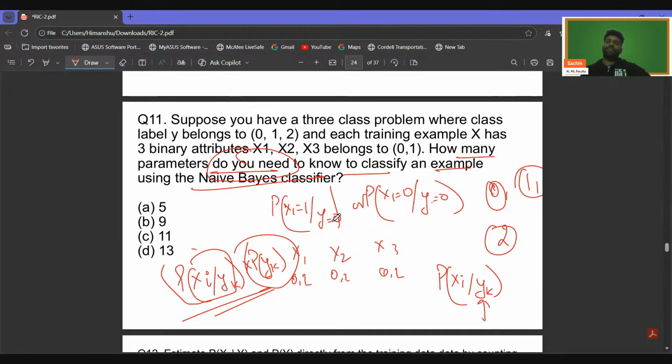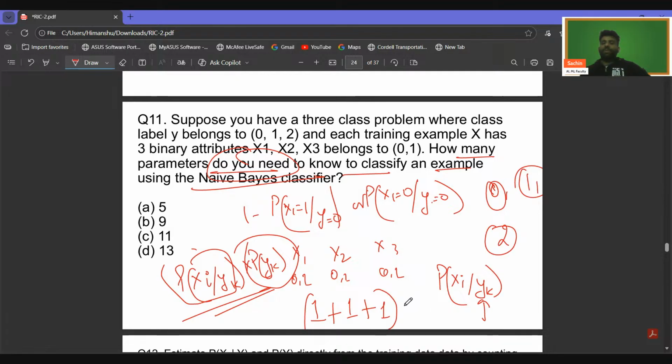And I hope you know, if I know this, I can calculate the other very easily by doing 1 minus this one. So for just X1, given a particular class, I just need one parameter. Now, how many such features do we have? For each feature we have a binary value. So one I needed for X1, one for X2, one for X3. So overall, I need three parameters for a particular class.